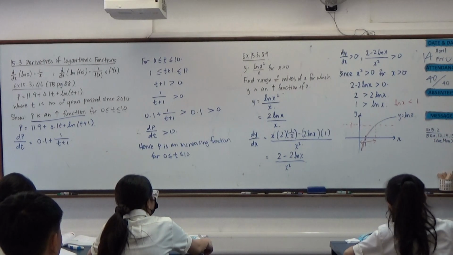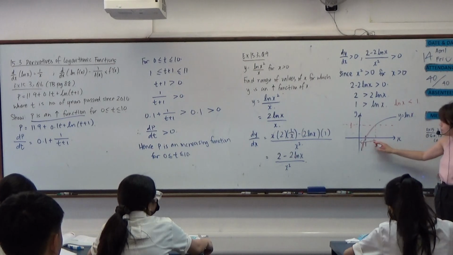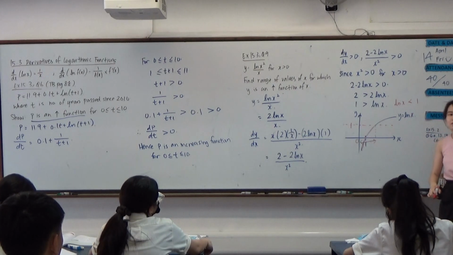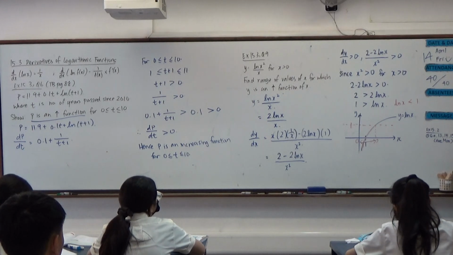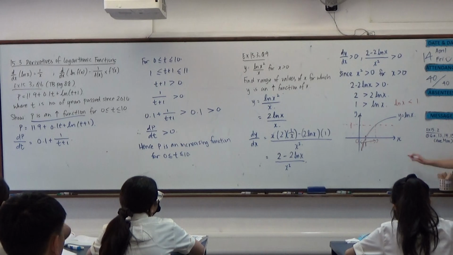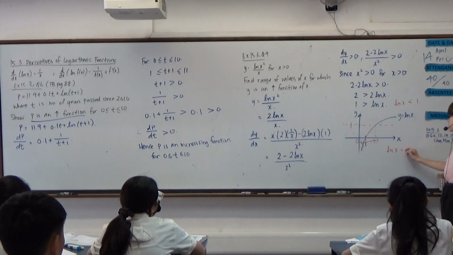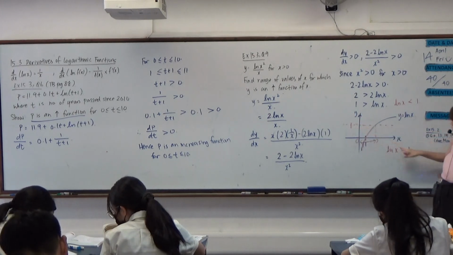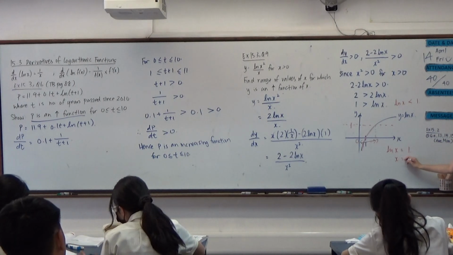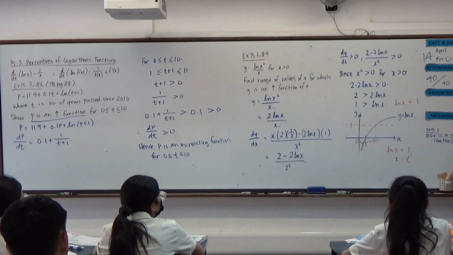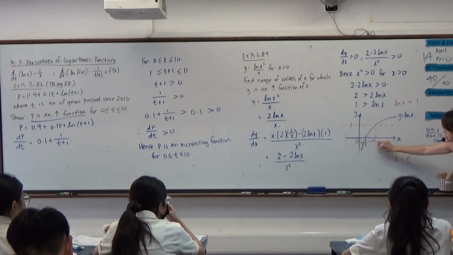To find out what this range of values is, I know that surely it is 0 over here, but I do not know what this one is. So just to do a very quick calculation, when log x equals 1, because y is 1, we know that x equals e to the power of 1. So in other words, this value here is e.